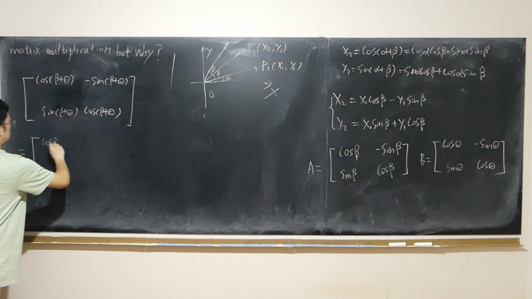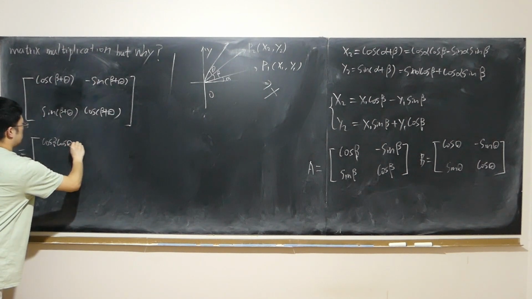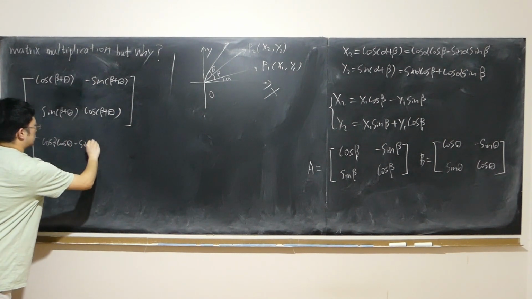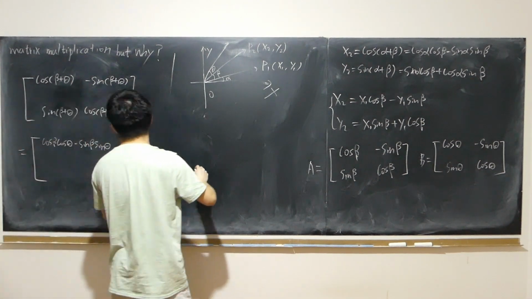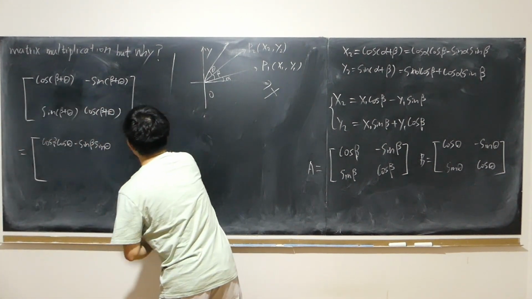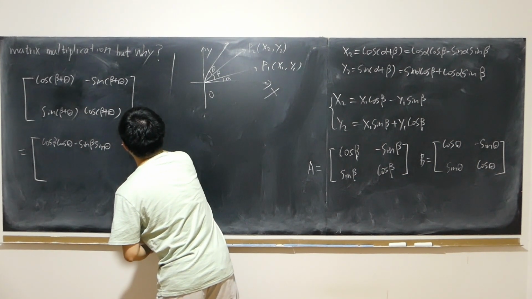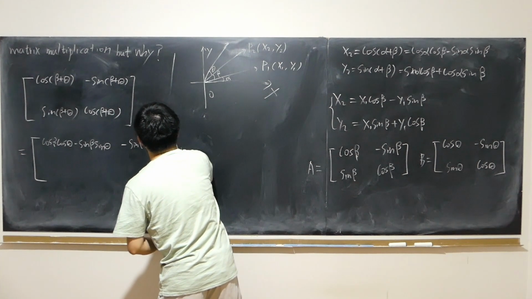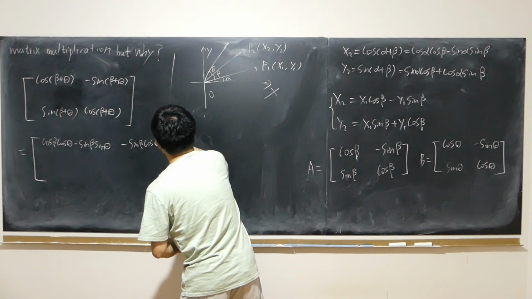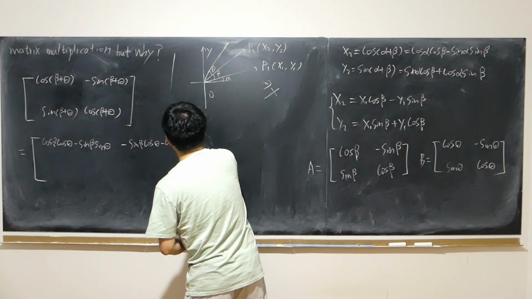Cosine beta cosine theta minus sine beta sine theta, that's the first entry. This entry is negative sine beta cosine theta minus cosine beta sine theta.